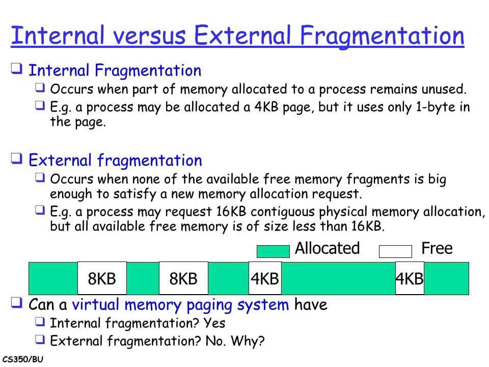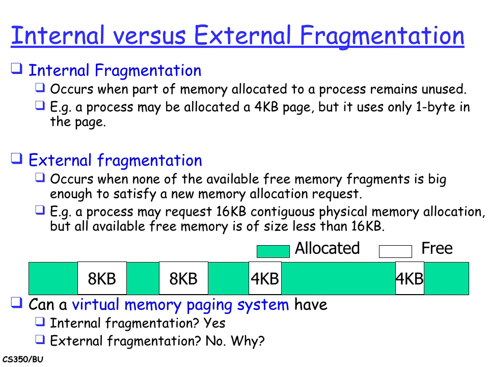Another issue is internal fragmentation and external fragmentation. Fragmentation usually refers to the wastage of memory in some form. So internal fragmentation occurs if you allocate a certain amount of memory to a process and the process doesn't use all that memory.